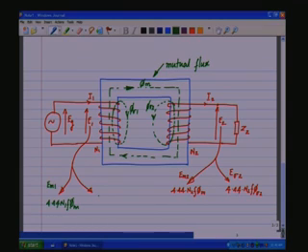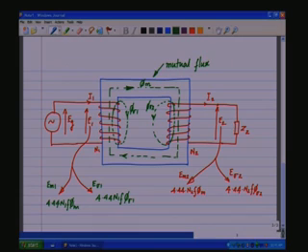And the other component is 4.44 N1 F phi sigma 1. This is the voltage induced due to the leakage component of the flux, which is linking only N1 and not N2. So, these are the voltages that get induced due to the various fluxes.